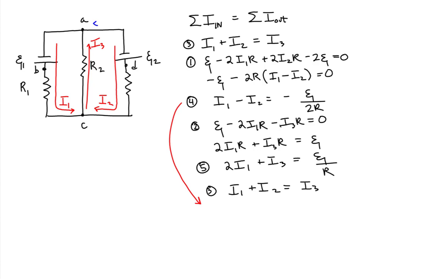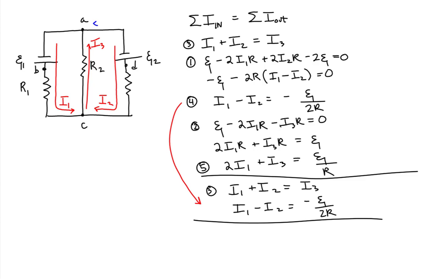Notice in equation 4, I have the difference, I1 minus I2. Equation 3, I have the sum of I1 plus I2. Let's add those two equations together. So equation 4 is I1 minus I2 is equal to minus the EMF over 2R. Let's sum these by the columns.